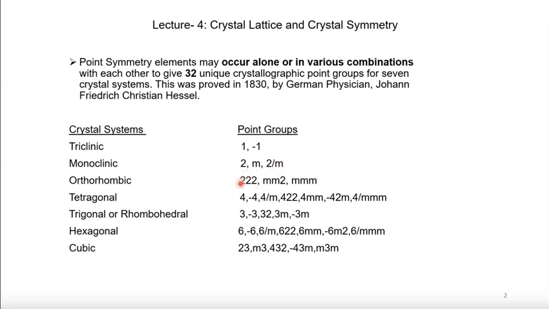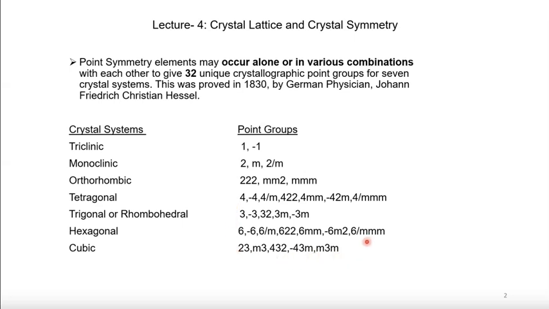This is a combination of point groups: 3 perpendicular 2-fold axes. This is a combination of another point group: 2 mutually perpendicular mirror planes and one 2-fold rotation axis. So this is how we represent it.